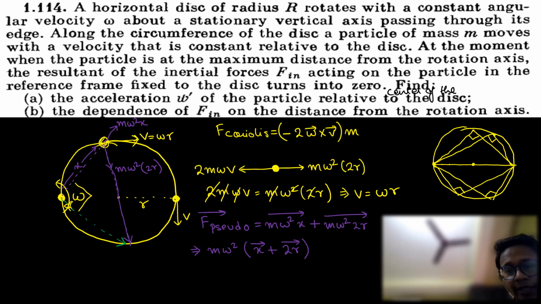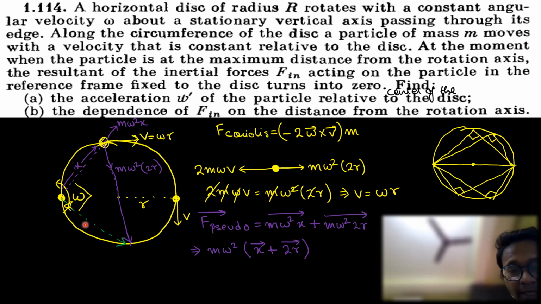Understood? Now check carefully. What is the magnitude of this resultant? This and this are perpendicular and base, and this is the hypotenuse of this right angle triangle. So x square plus resultant square equals hypotenuse square.